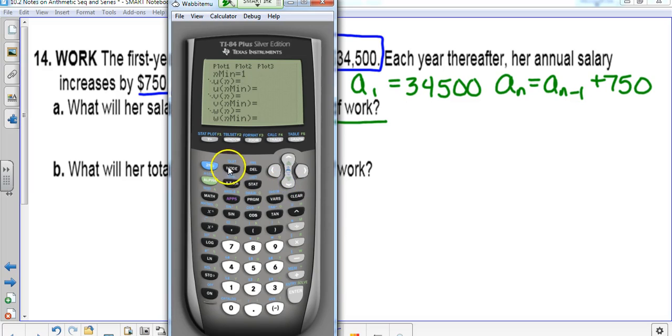The second is the formula, u, which is second 7, parenthesis, n minus 1, parenthesis, plus 750. And then the third thing you have to put in if you're using a recursive formula is what the value of that first term was, which was 34,500. Now if we went to the table, we could scroll down and see year 10, she's going to make 41,250.